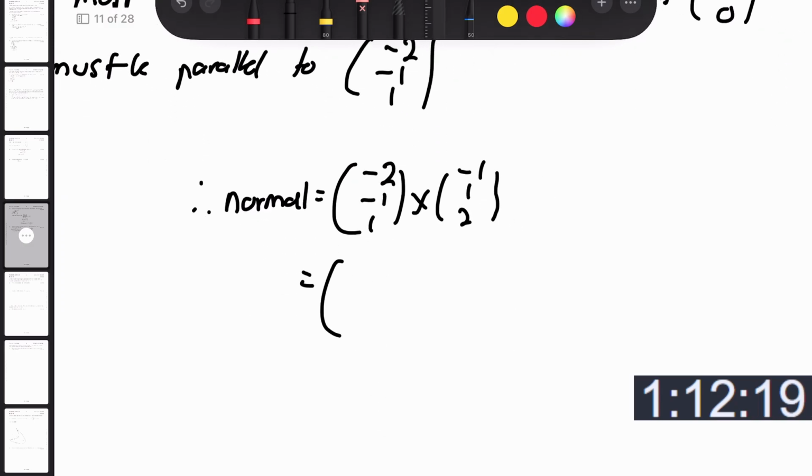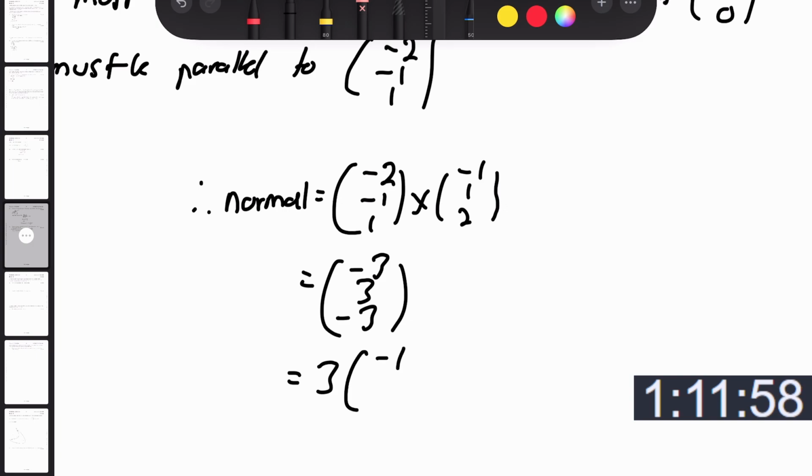Let's do the middle, so -2 minus 1, so 3. Middle is going to be -1 plus 4, so 3. And the bottom is going to be -2 minus 1, -3, which can equal just 3 of -1, 1, -1.